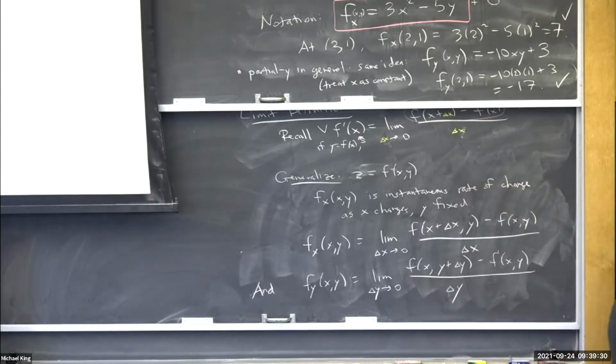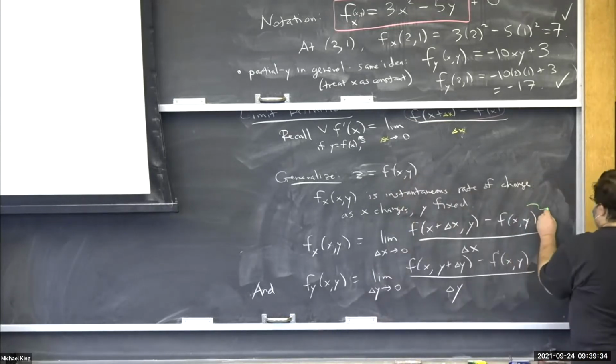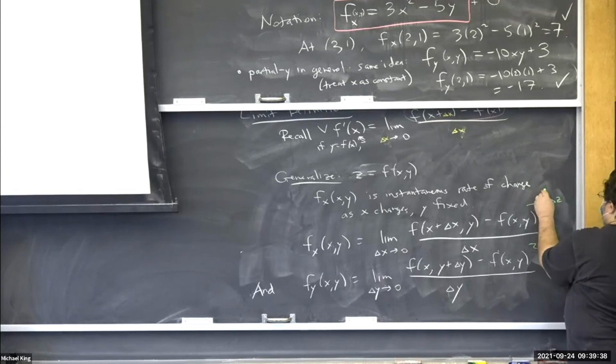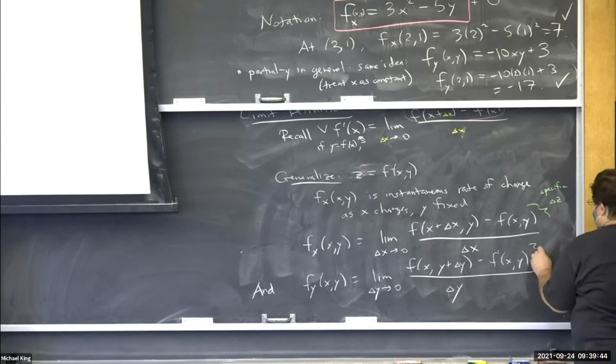So these numerators are both changes in z, but they're different changes in z. This is a specific change in z only when you move in the positive x direction, and this is a specific change in z as you move in the positive y direction.